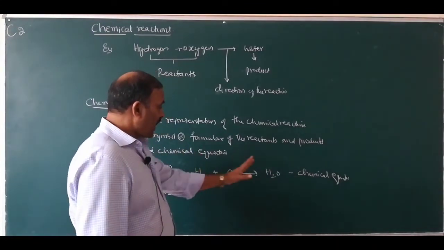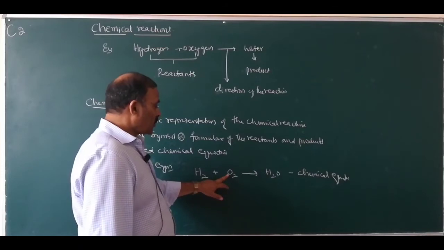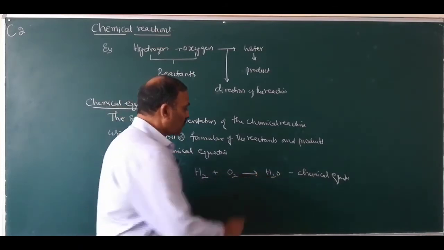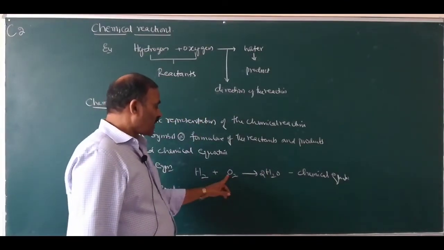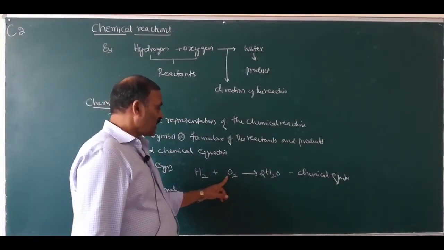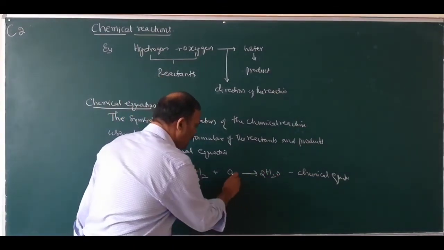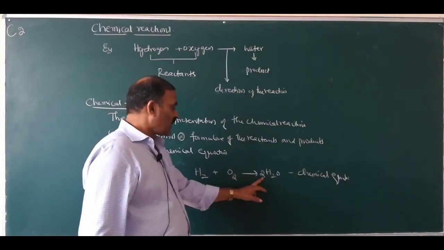Then balancing: how many atoms of oxygen are here? 2 atoms. Here there is only 1 atom, therefore it should be 2. Now the number of atoms of oxygen on the left hand side is equal to the number on the right hand side, is it not? Then look at hydrogen.